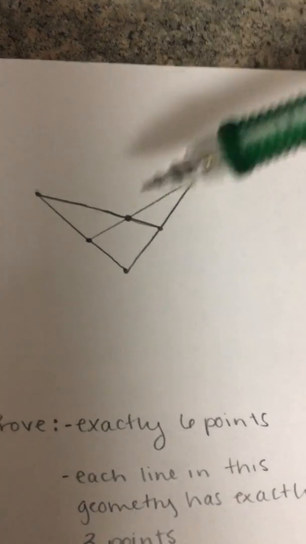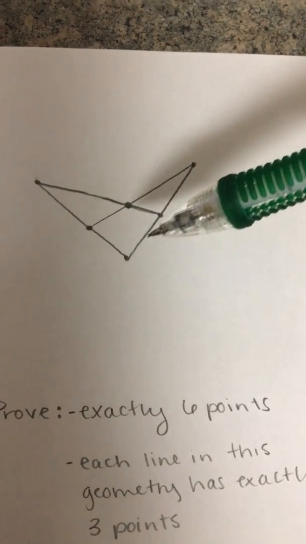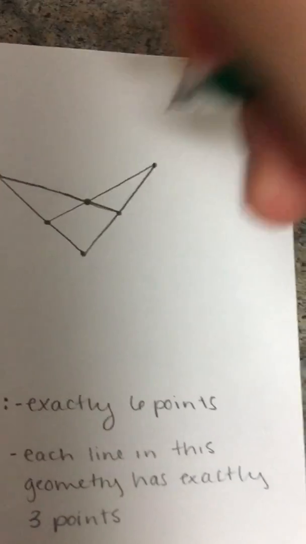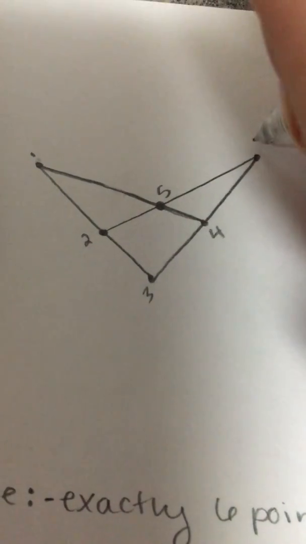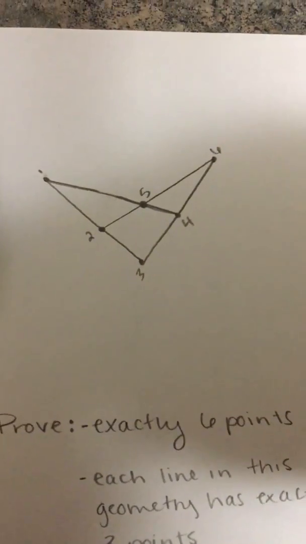So here I count, first of all, let's count the points. I have 1, 2, 3, 4, 5, and 6. Let's go ahead and write those on there. Six, there they are. Has exactly 6 points.